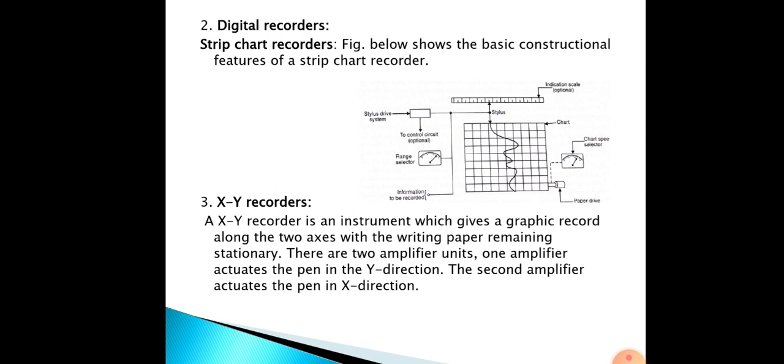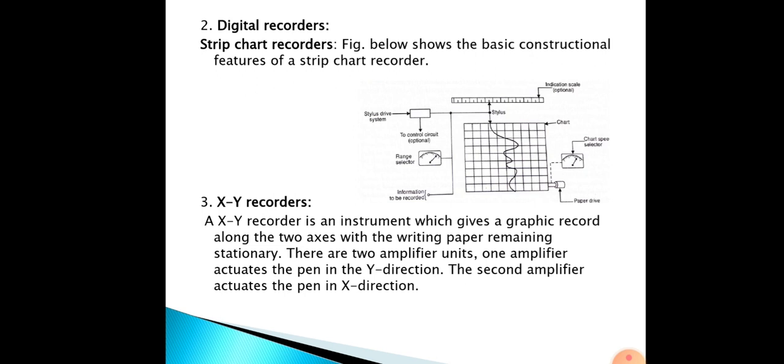Now next we will be seeing strip chart recorders, which are analog type. You can see the diagram of a strip chart recorder. Here is how it works. A strip chart recorder consists of a long roll of graph paper, a system to drive the graph paper, that is, to move it, and a stylus for marking on the moving graph paper.